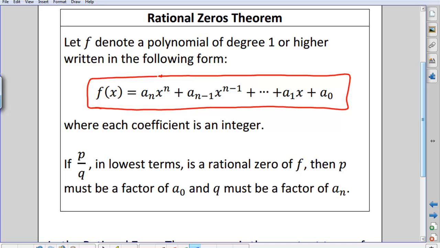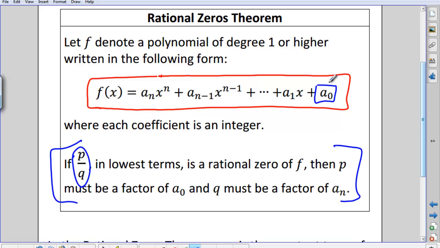And what the rational zeros theorem says, this is it right here. If p over q in lowest terms is a rational zero of f, then p must be a factor of a_0 and q must be a factor of a_n. So if we have a zero, p over q is some zero, the numerator of that is a factor of a sub 0.